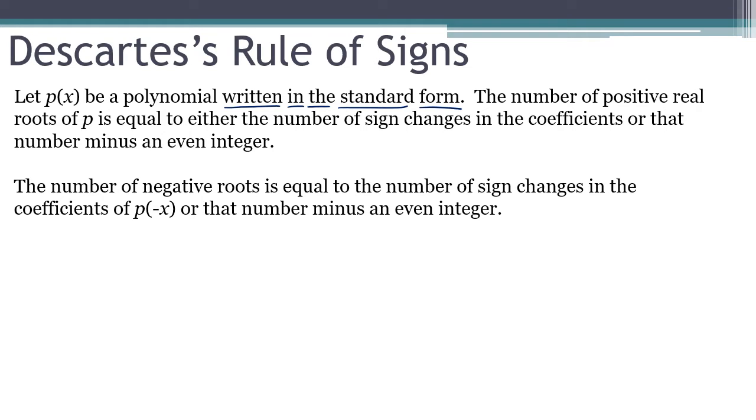Then, the number of positive real roots, that's what we're talking about here. This theorem tells us how many positive real roots there are, and it has to be equal to either the number of sign changes in the coefficients, we'll talk about what that is when we look at an example, or that number minus an even integer.